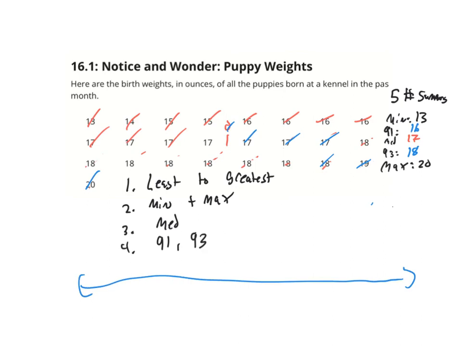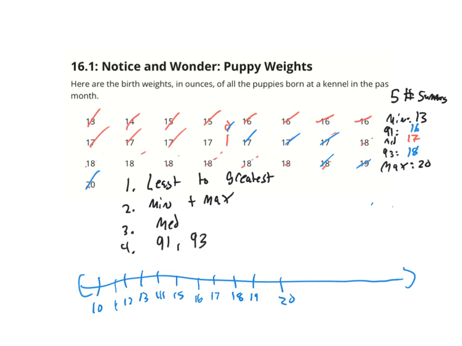So now if we want to make our box and whisker plot, I'm going to give us a little number line here. Okay, so we're going to do a number line, and we're going to start at 10, 11, 12, 13, 14, 15, 16, 17, 18, 19, and 20.